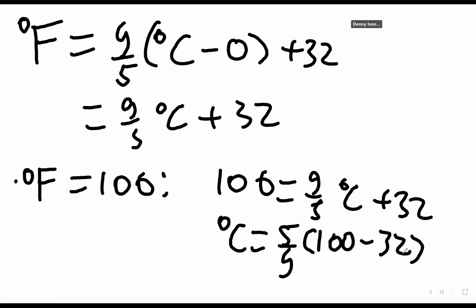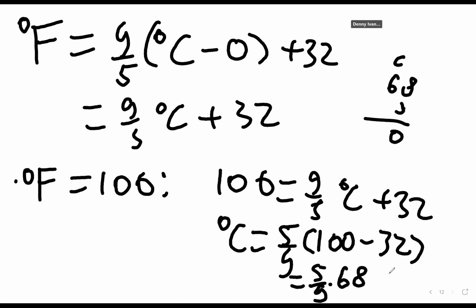So 5 over 9 times 68, which is 340 divided by 9 degrees Celsius. That will be the answer.